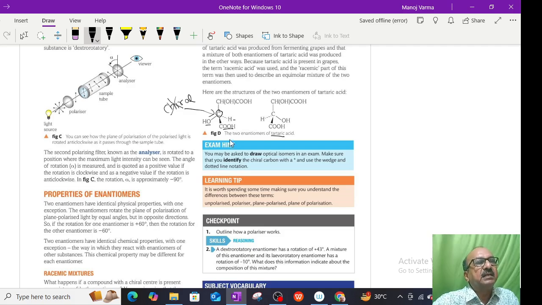And another thing to understand is that if you have a chiral carbon, then its mirror image is non-superimposable, and I have shown in another video what is the meaning of non-superimposability, that you can watch. So when the mirror images are not superimposable, these are called enantiomers. And the property of the enantiomers is that they rotate the light in different directions.